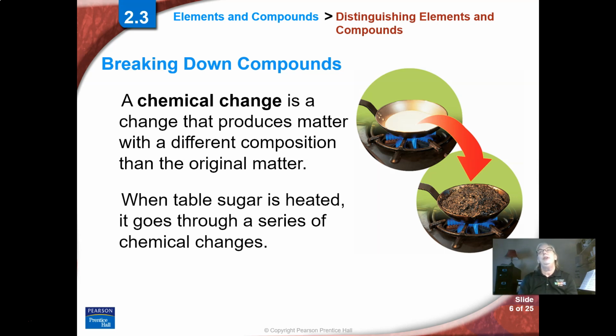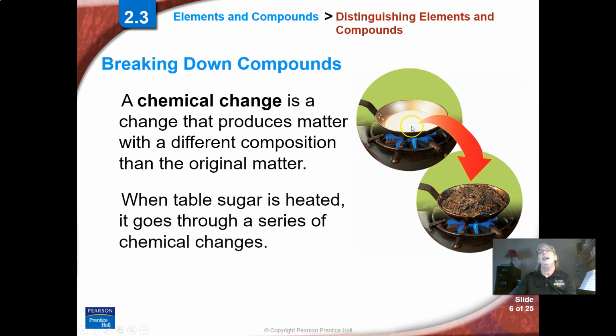So here's an example. If you put table sugar on a pan on the stove and heat it up really, really hot, you're going to see that the white sugar turns into this black substance. And what we've done is we've removed some elements and we have just the carbon left from the sugar.